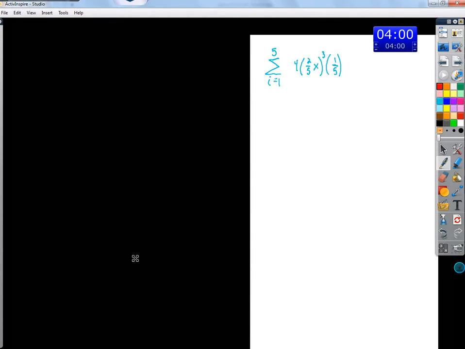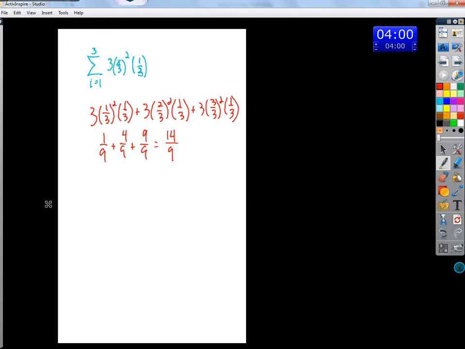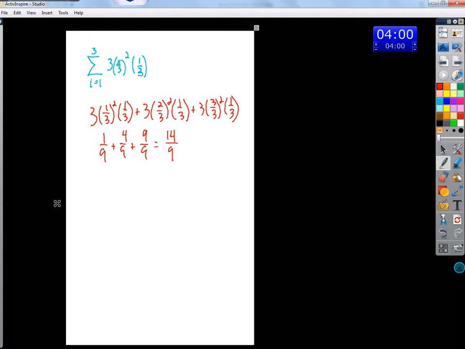Okay, so quickly, all we're going to do here is plug in 1, 2, 3, 4, and 5. We'll have 5 terms to add up. We're also going to see how we can shorten this up a little bit with summation formulas. Notice for each of these 3 terms, they all have common factors of 3 times 1/3. So from the beginning, we could have taken those factors out.